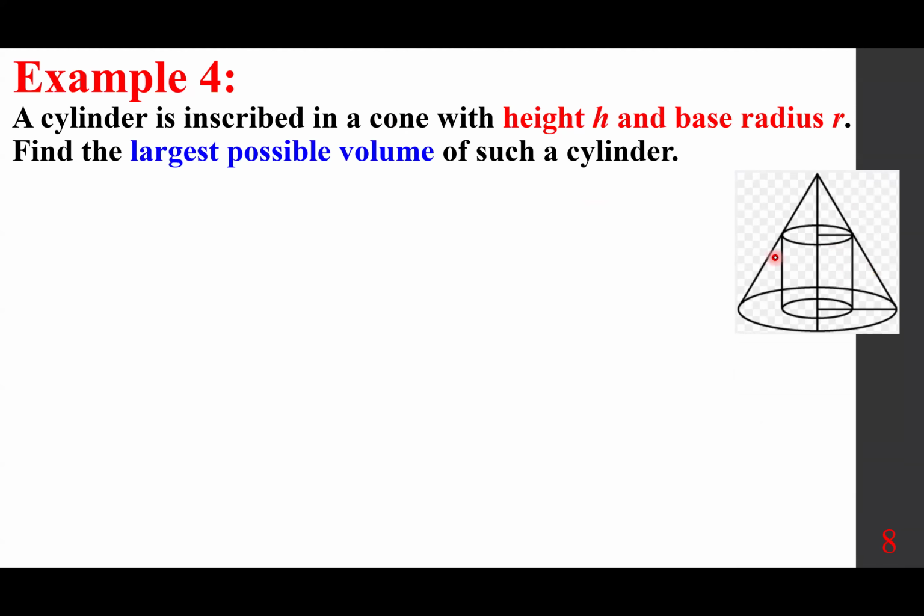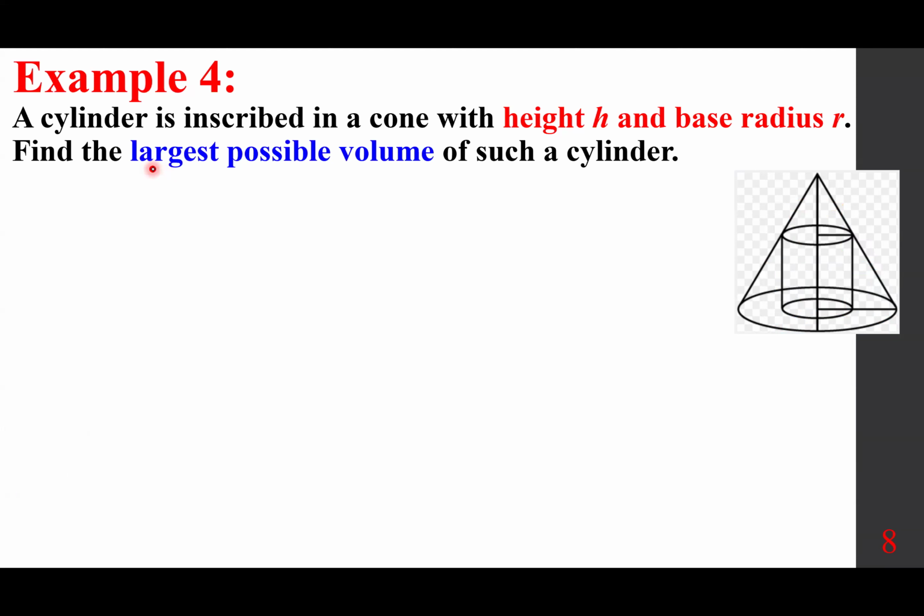Just for the sake of argument, you can make it maybe thinner, or you can make it shorter. We don't know, so we just put something in there. I want to make a point that it could be just anything, but we figure out which one will give us the maximum volume.